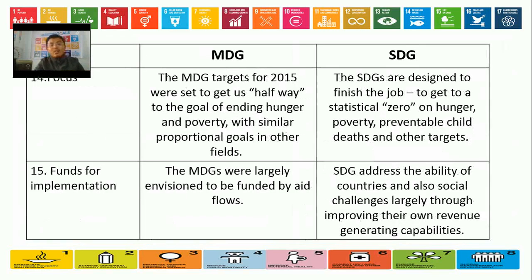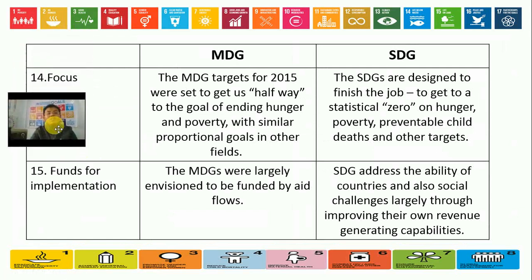Another difference goes to the focus point. The MDG's targets for 2015 were set to get us halfway to the goal of ending hunger and poverty, with similar proportional goals in other fields.